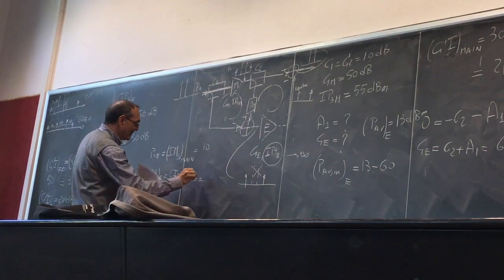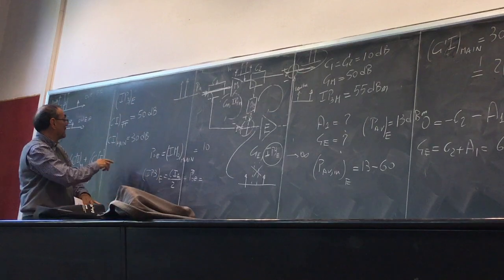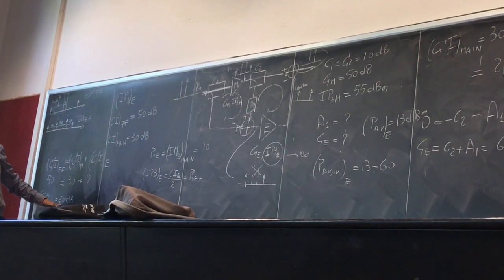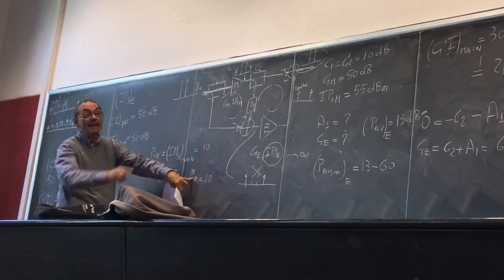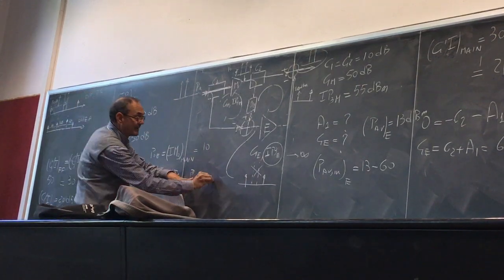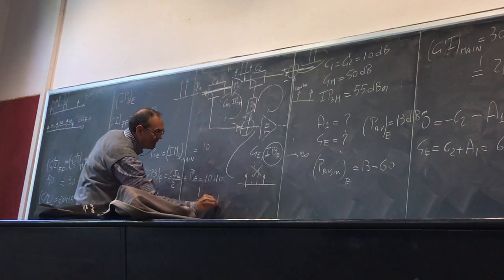This is 20 divided by 2, which is 10, as we have seen before, and then the IP3 is 20 dBm.